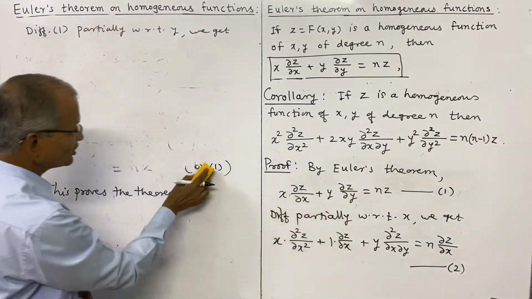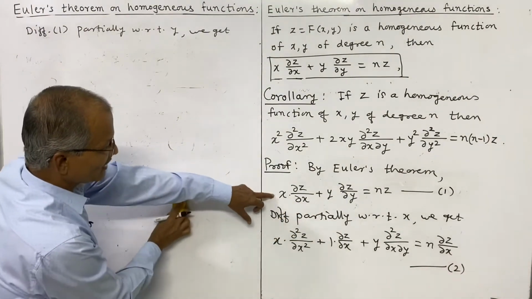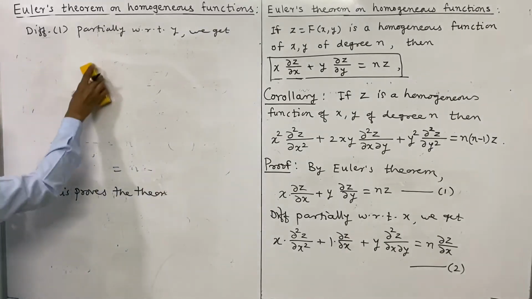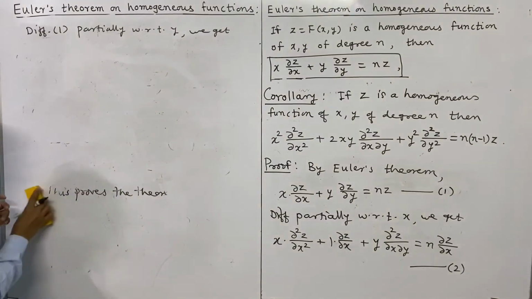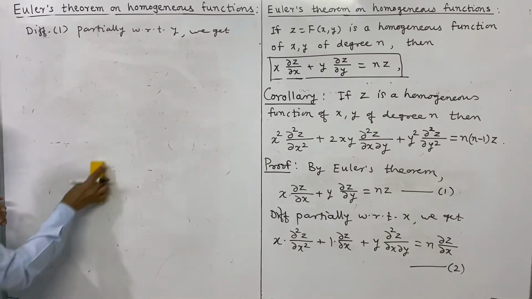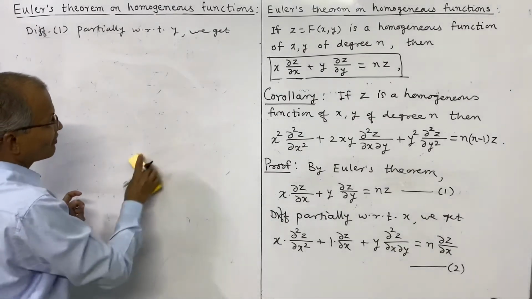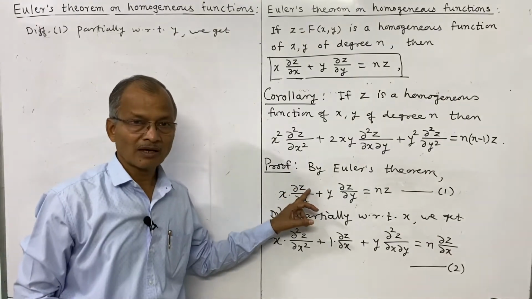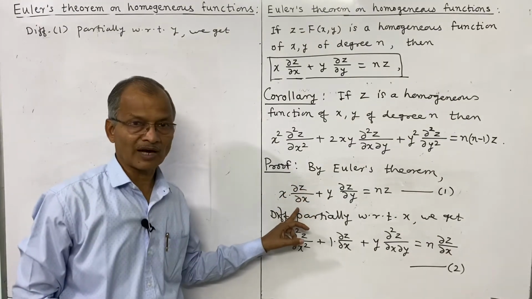Here when we differentiate partially with respect to y, x is constant and remains as it is. But ∂z/∂x will not be constant. You remember that it may contain y, so it may be a function of both x and y.